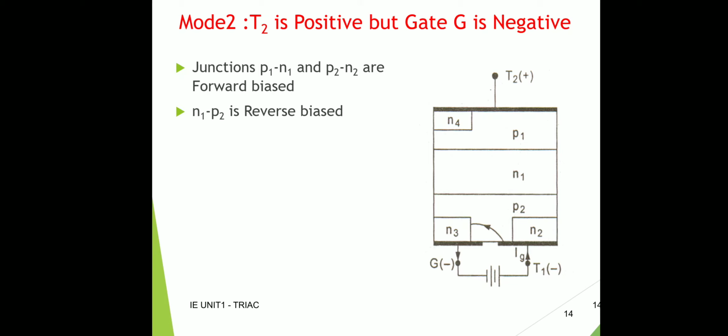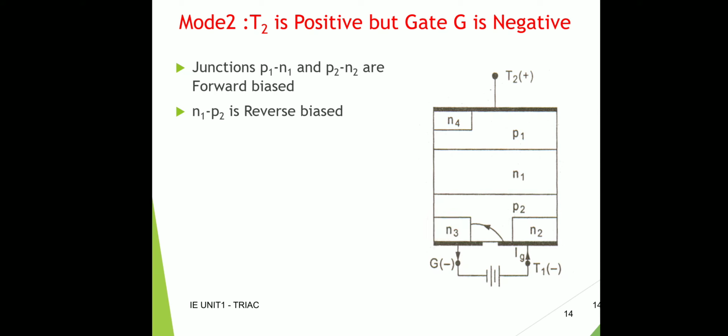When T2 is positive and the gate is negative, the first junction P1 N1 is forward biased and P2 N2 is also forward biased. Only the N1 P2 junction in the inner region is reverse biased. The gate current flows through the P2 to N3 junction.